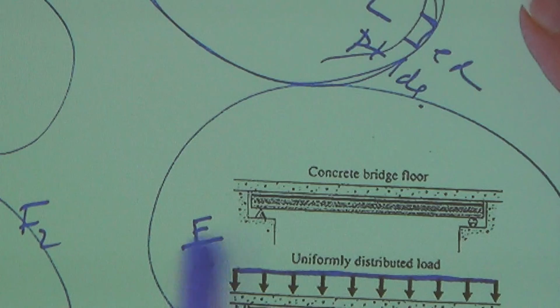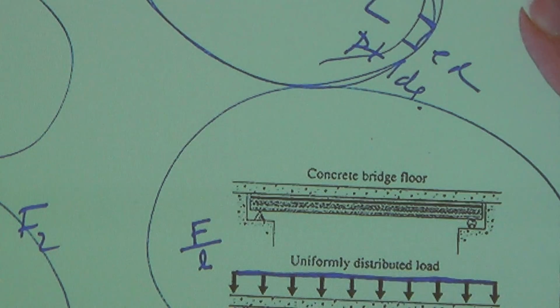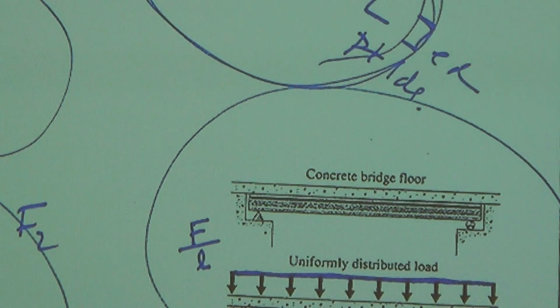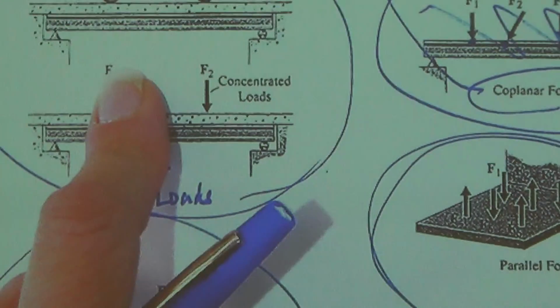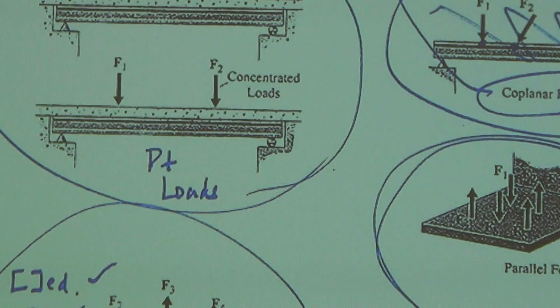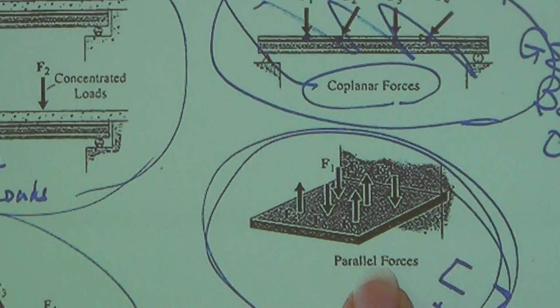This is made into a 2D problem because the loading in the front is the same as the loading in the back. Just like the car, it's symmetric loading, so we can simplify it to 2D. This one we can't simplify to 2D. It's a 3D problem. Okay.